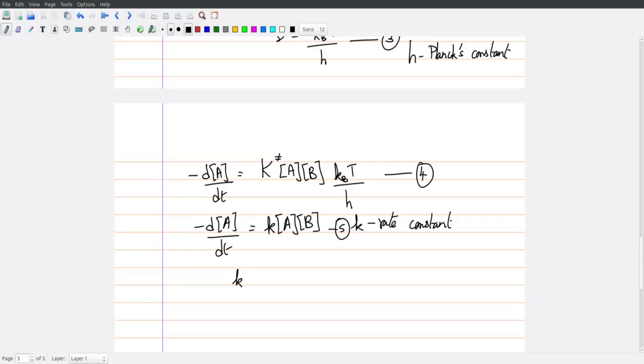So the rate constant multiplied by the product of the reactants is equal to the equilibrium constant multiplied by the product into kBT by h. The A and B cancel with each other, and so you have K equals K dagger into kBT by h.